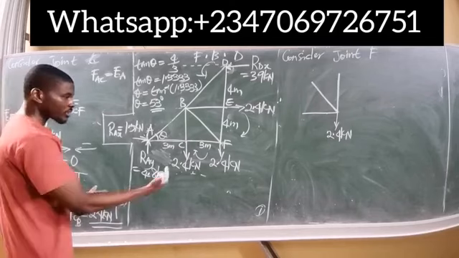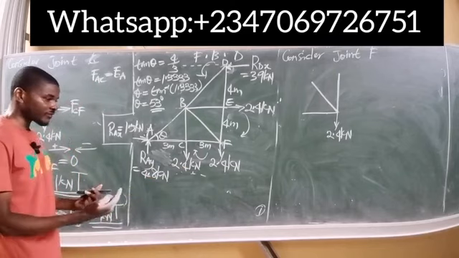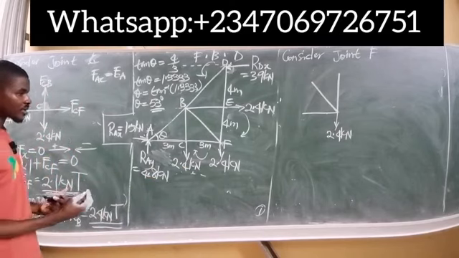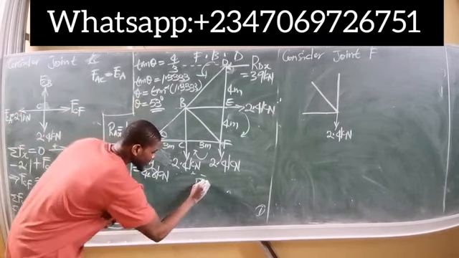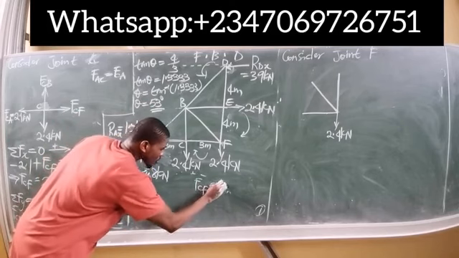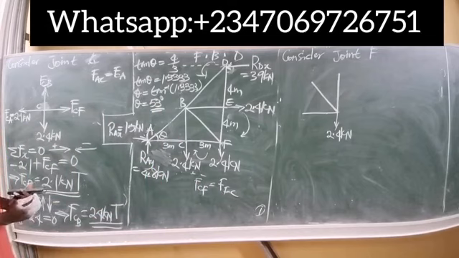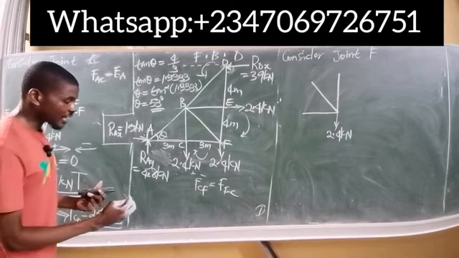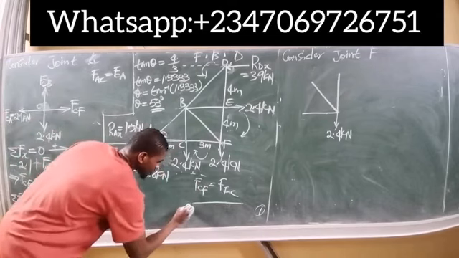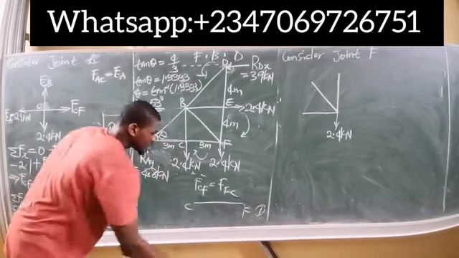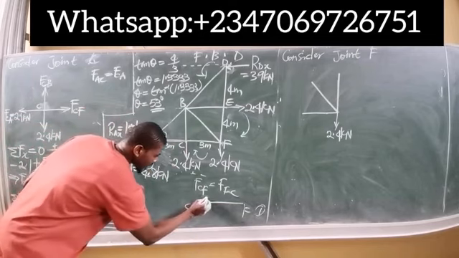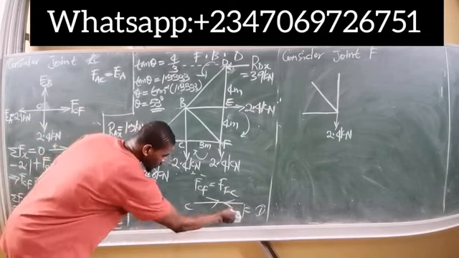So we already obtained this force. FCF is the same as FFC, not forgetting. The two forces are equal but opposite in direction. So it is tension, which means if this is joint C and this is joint F, this force is pulling out of the joints. This is also pulling out of the joints.